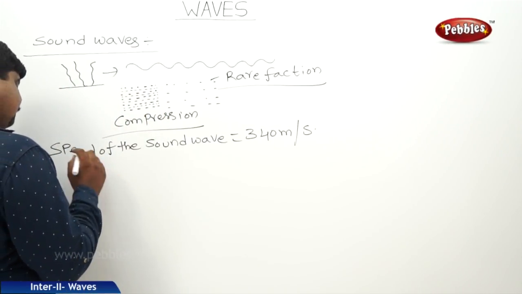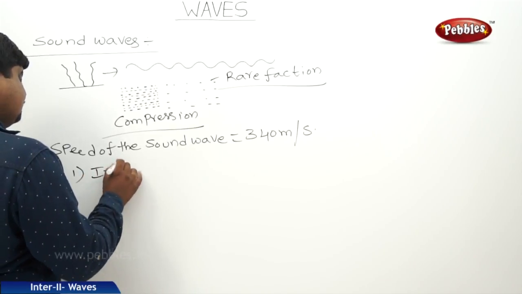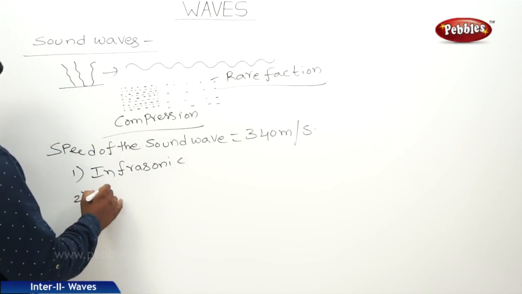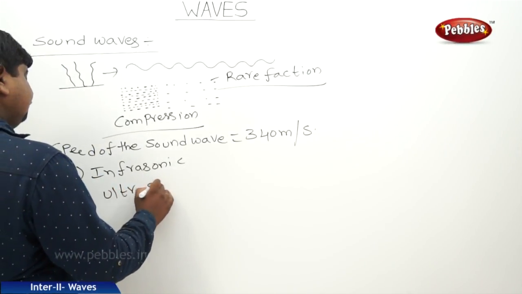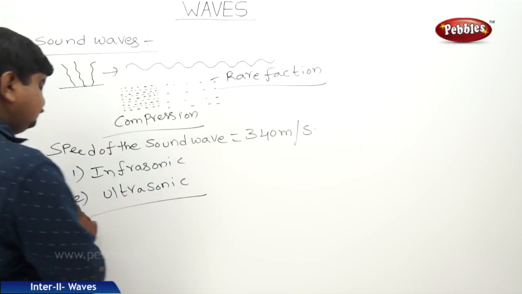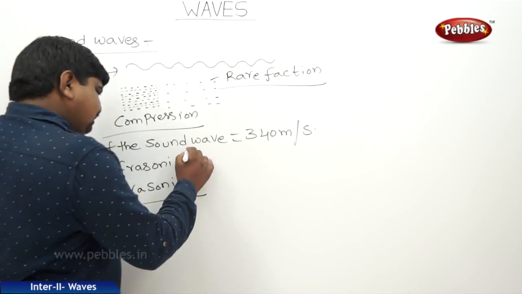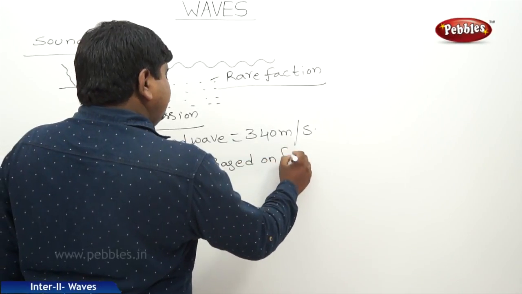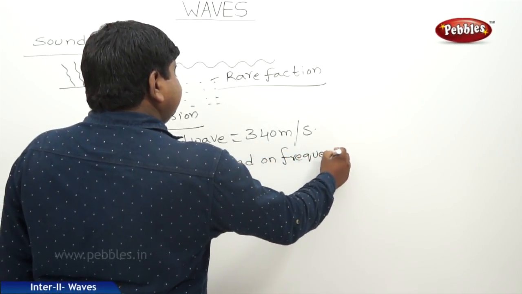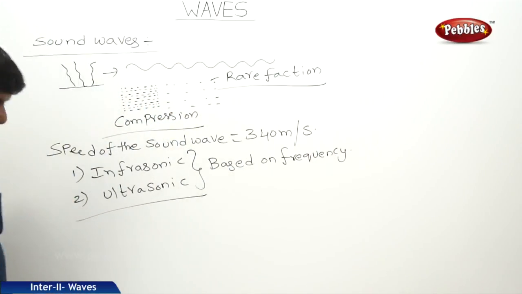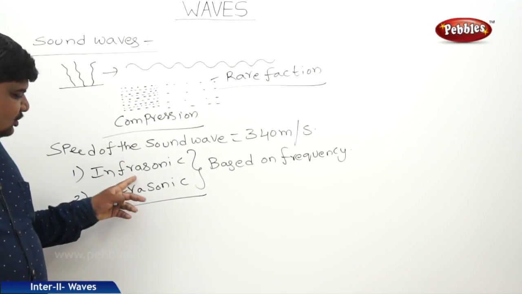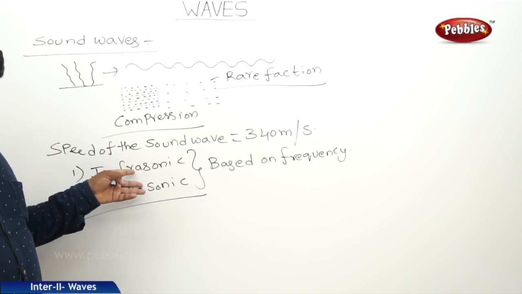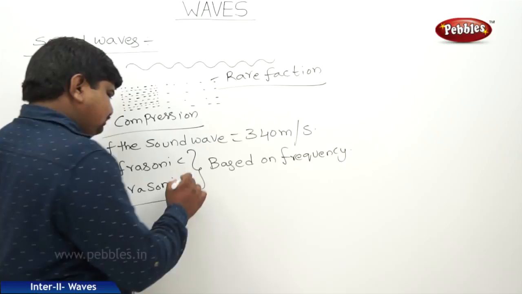One is infrasonic, second one is ultrasonic, based on frequency. So the intermediate range between these two frequency levels is said to be audible range.